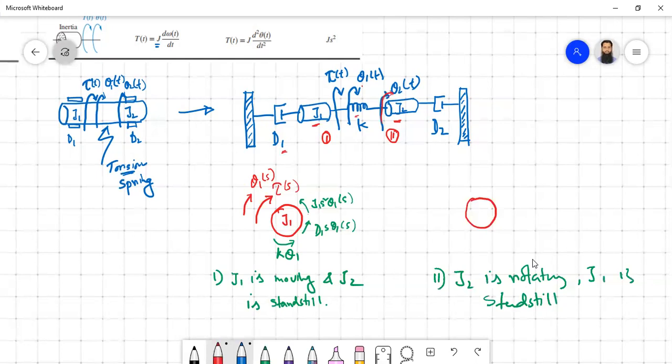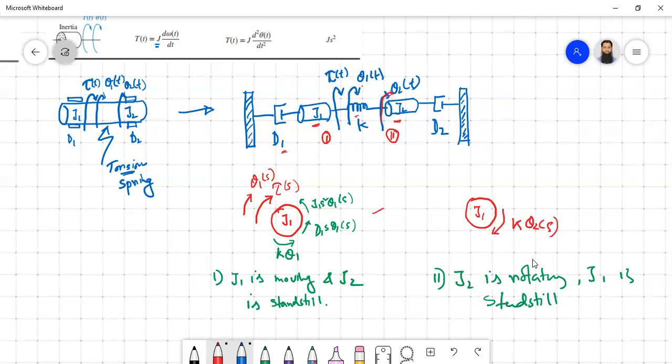Because of this clockwise nature, the spring will have an anti-clockwise force on it. But since J1 is stationary, there will be an equal and opposite force, so it will also have a clockwise rotation. So J1 will experience a force because of the rotation of J2 in theta 2. You are going to have something like this, K theta 2s.